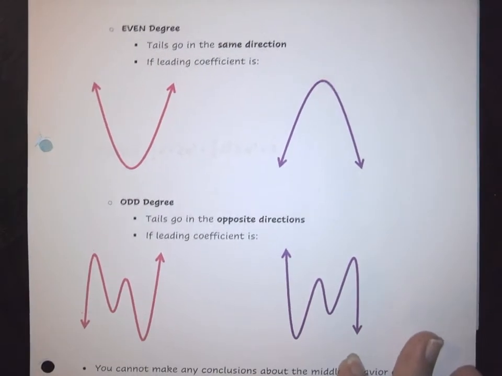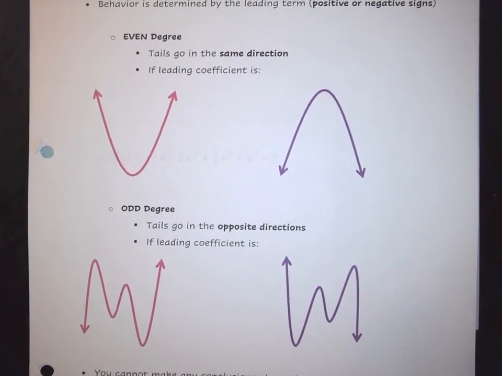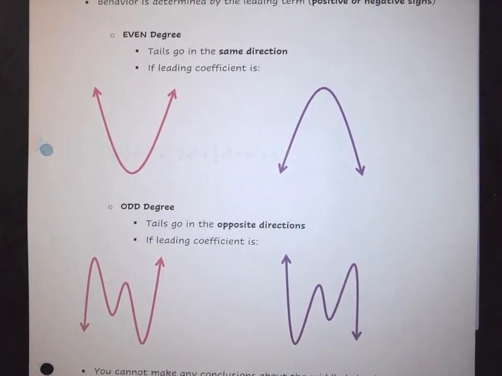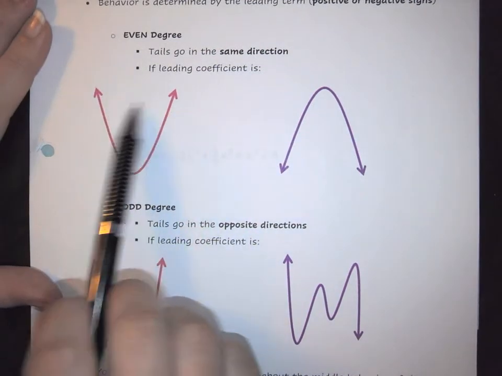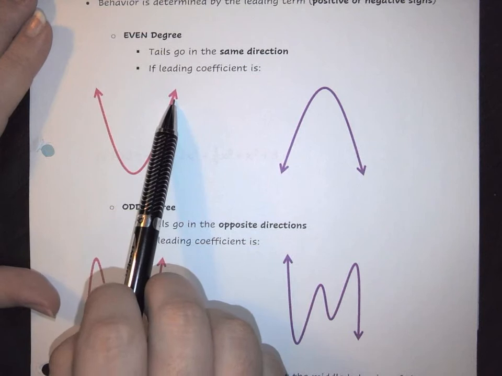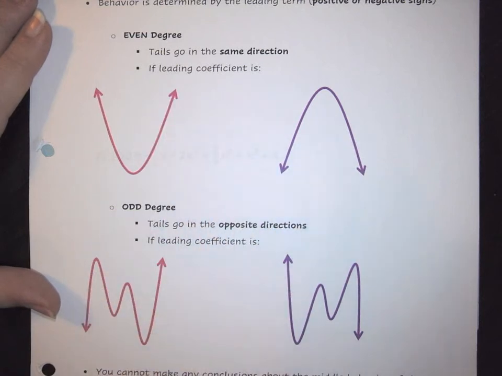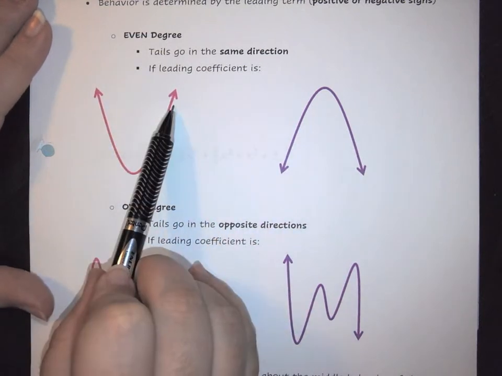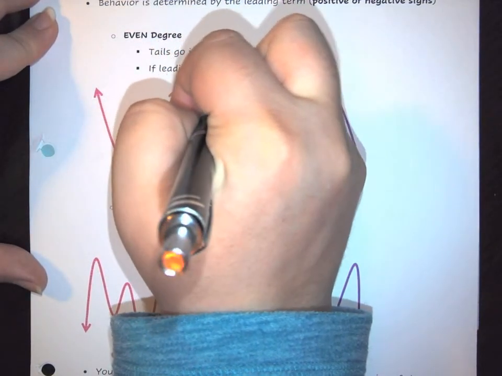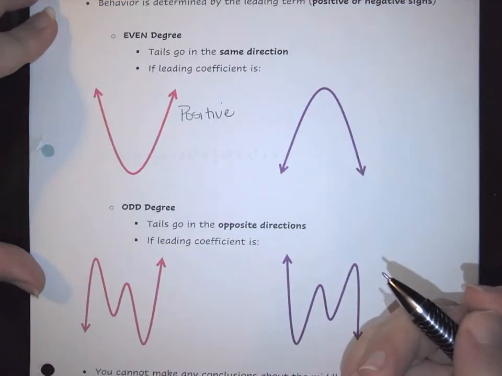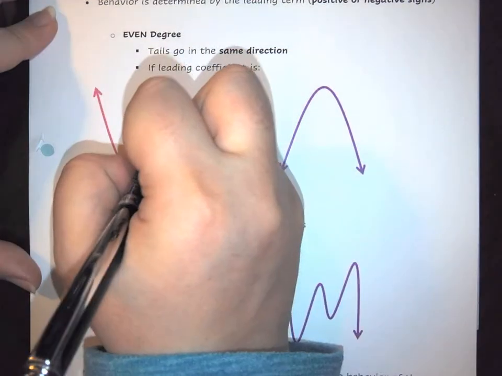So we have two options, the even degree or the odd degree. Your even degree has two choices. Either both ending behaviors point up or they both point down. The one that points up, we call this positive. Positive meaning the tails point up.